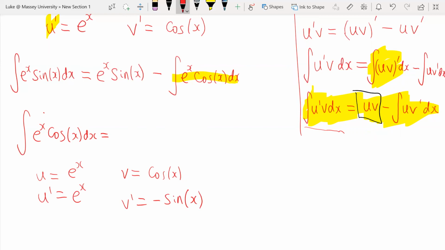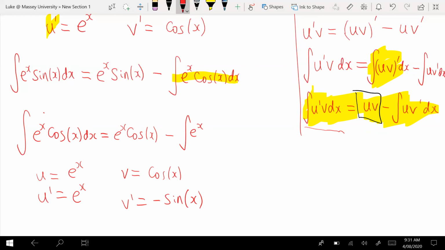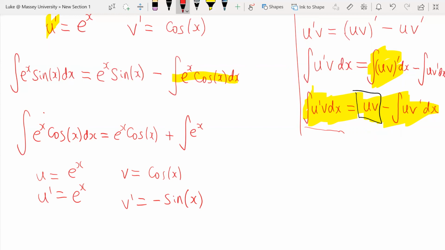So we're going to get u times v, so e to the x times cosine x, minus the integral of u times v prime, so u is e to the x, v prime is minus sine of x, so I'm going to take the minus sign out and put that as plus, so plus sine of x dx.